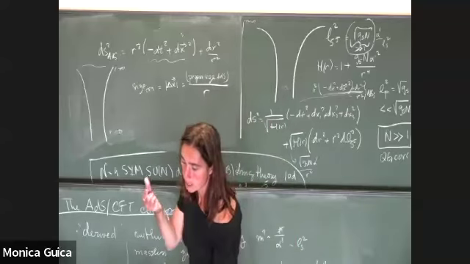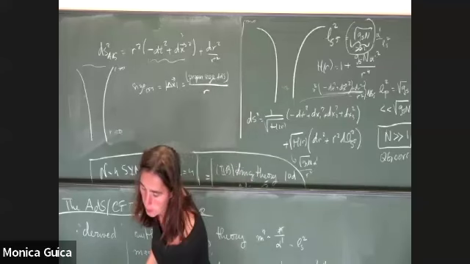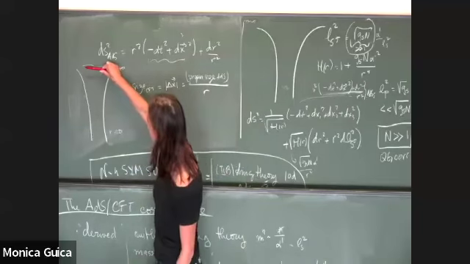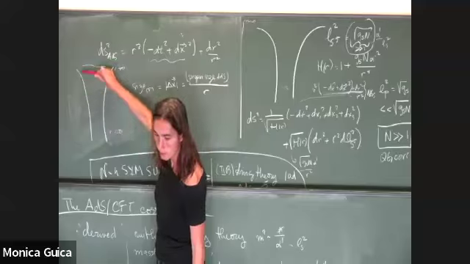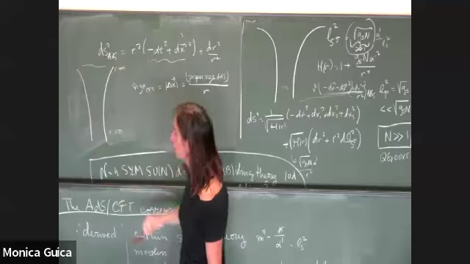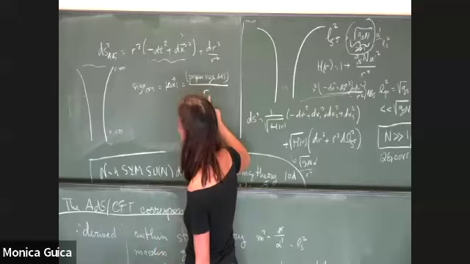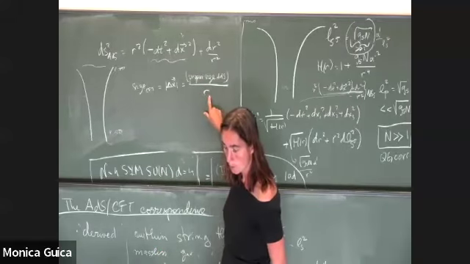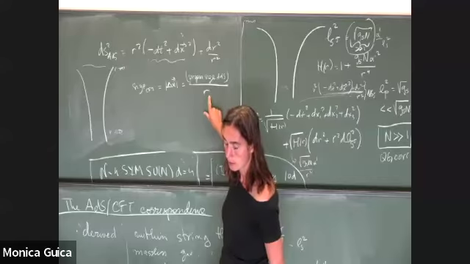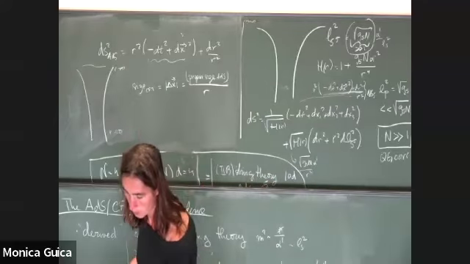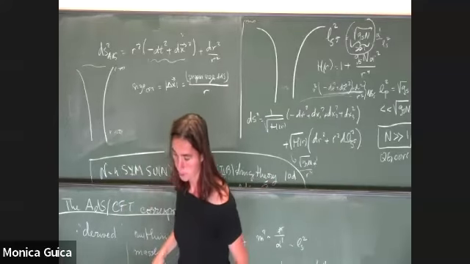If I take the same object, I don't know, a pen, and I move it from the interior to the boundary, its size is going to go to 0 as I take r goes to infinity.